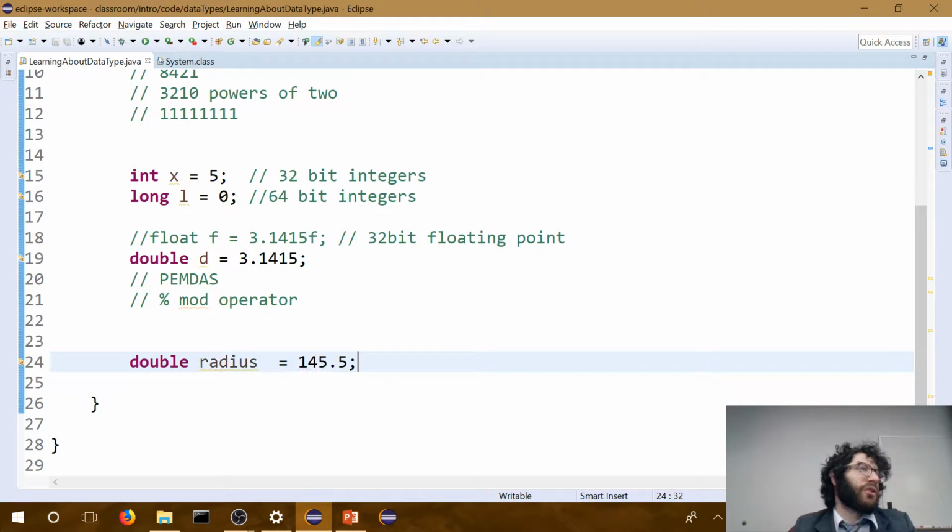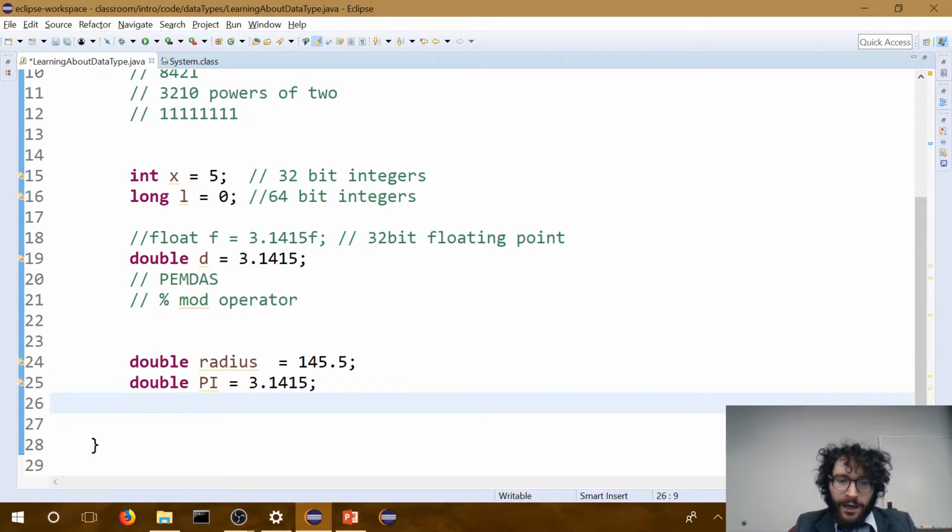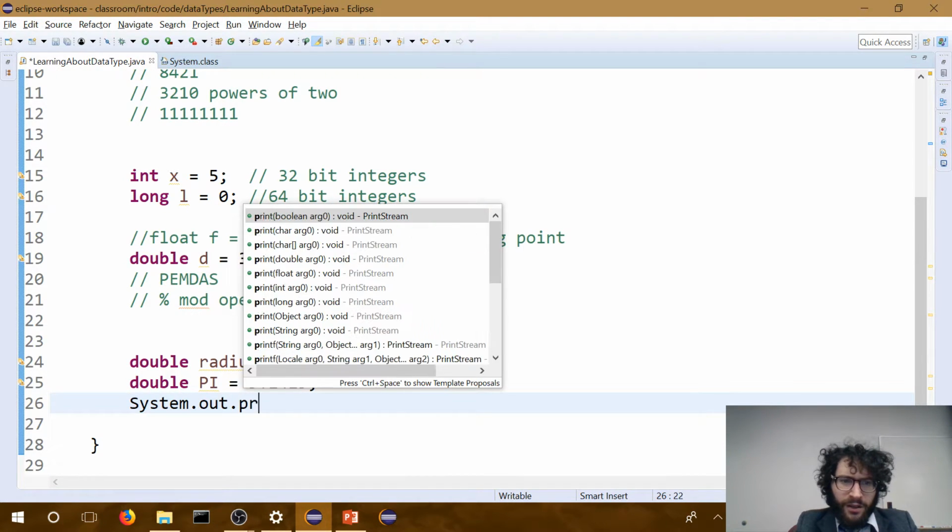That's the radius of our circle, okay? Double pi, because we need that for our circle, is equal to 3.1415. Although if I want a more exact value, Java does know a more exact value for pi, but this works for us right now. Radius and pi is pretty much all we need.